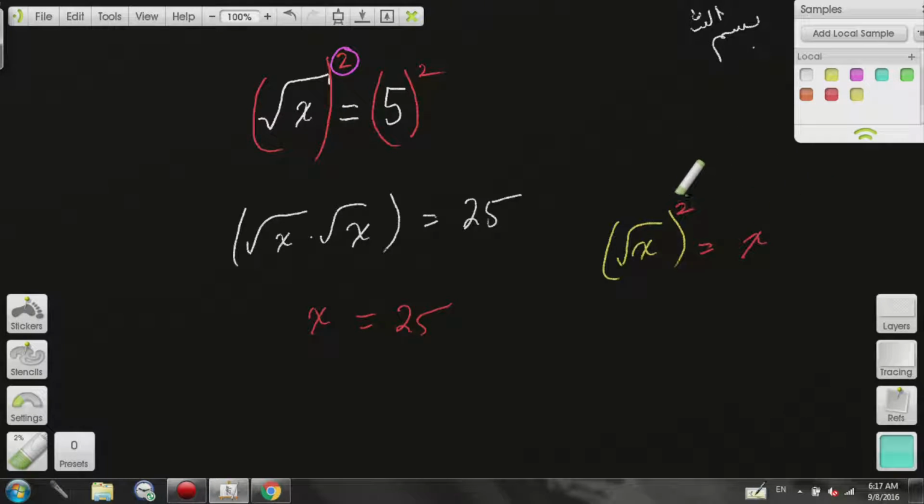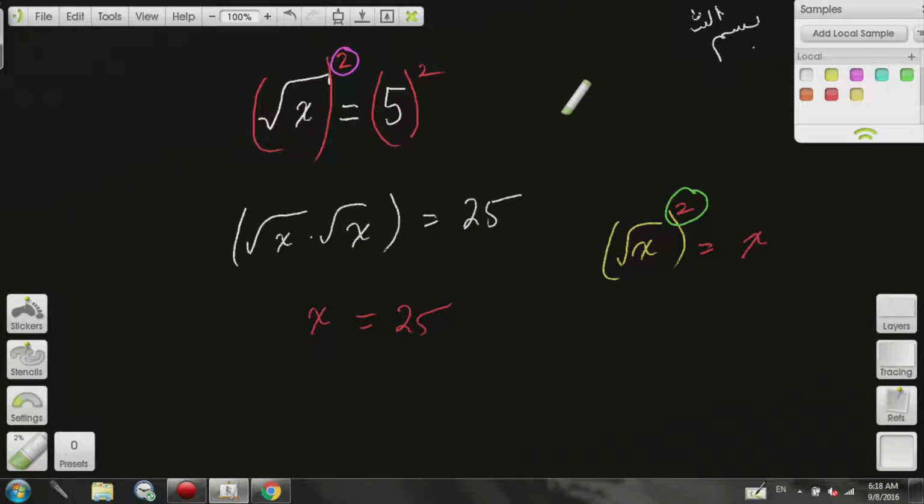So the square neutralizes the square root sign, so it kind of makes it disappear, and all you're left with is the x. Okay, so the way to neutralize, so to speak, the square root sign, or to get rid of it, is by squaring. And that's the basic concept of this lesson, in that the way we solve a radical equation is by squaring both sides of the equation to get rid of the radical symbol.